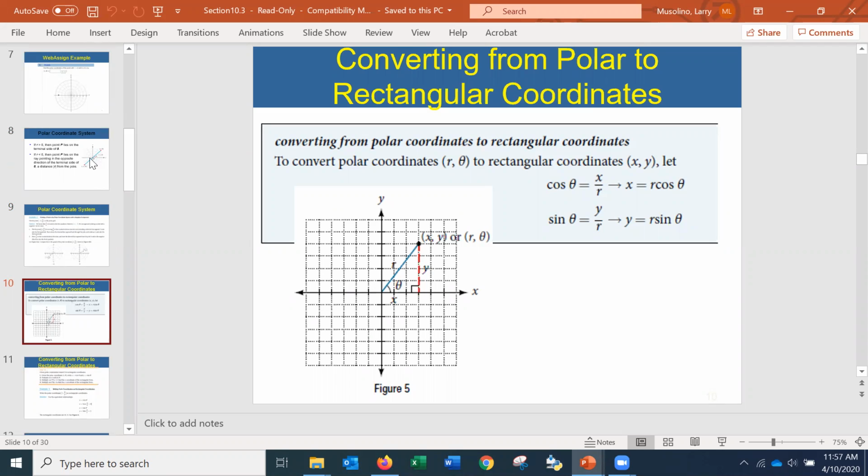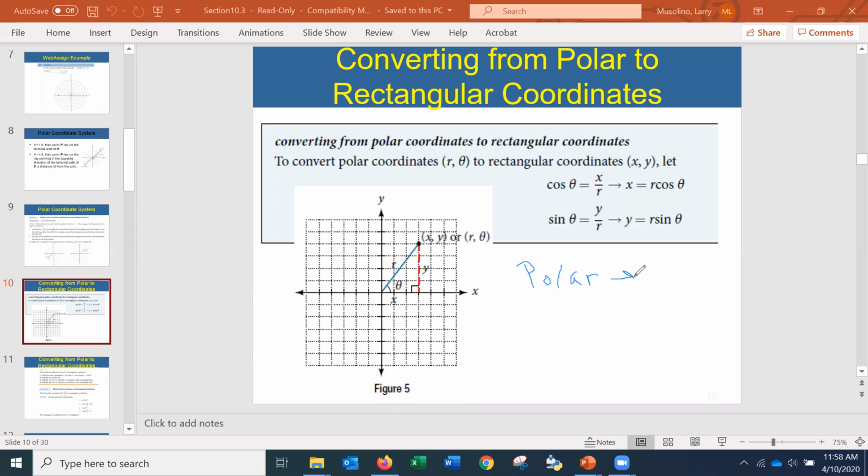It's cosine theta equals x over r, then x equals r cosine theta, then sine theta equals y over r, and y equals r sine theta. Yep, exactly. Now, right now we're talking about going from polar to rectangular.